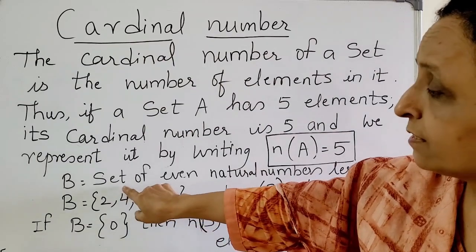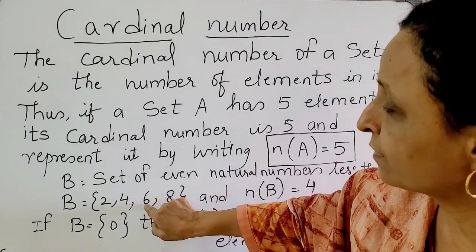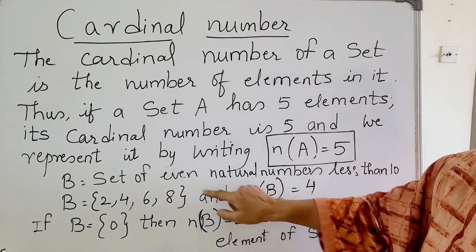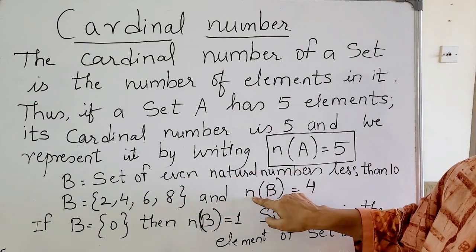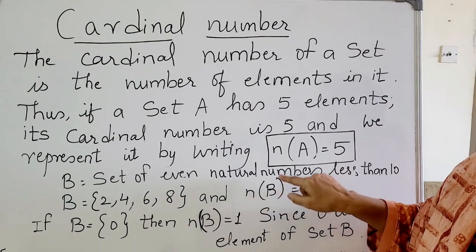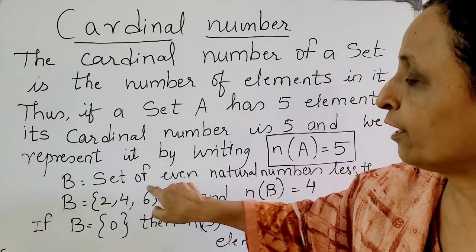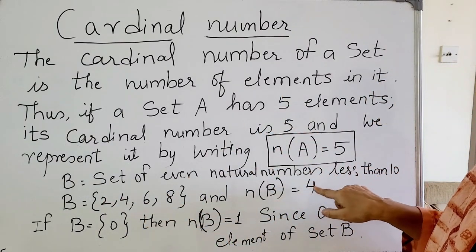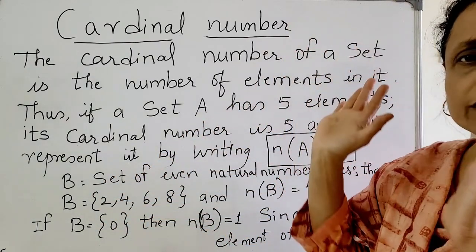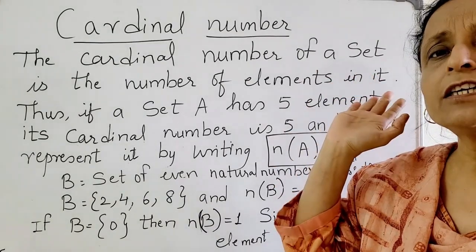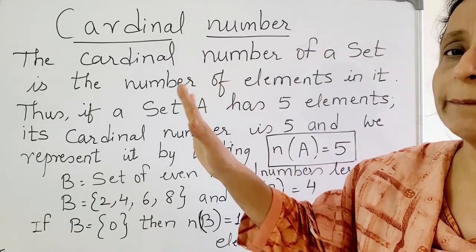So here the set of even natural numbers less than 10 is 2, 4, 6, 8. And you represent the cardinal number of set B as number of elements in B is equal to 4, because it is 1, 2, 3, 4. Now, I hope you have understood what is cardinal number. It is just the number of elements in the set.